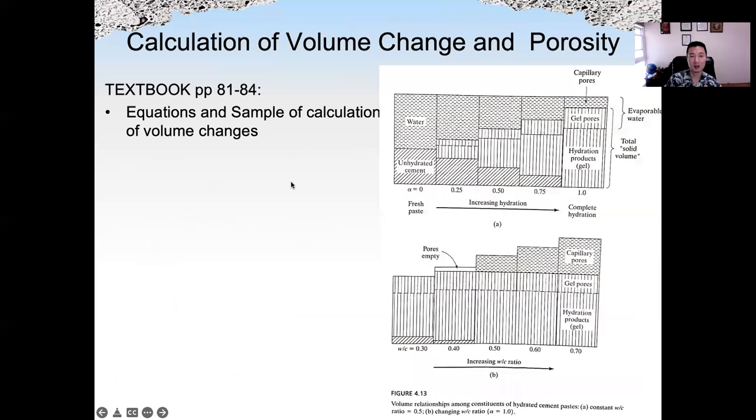Okay. So if you read your textbook, I just show you pages 81 to 84. If you don't have the textbook now, you don't have to, but just to let you know, we have an equation to calculate the volume of the pores depending on the water cement ratio, degree of hydration, and so on.